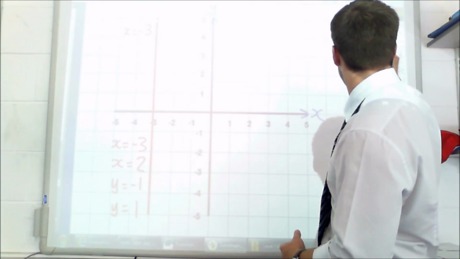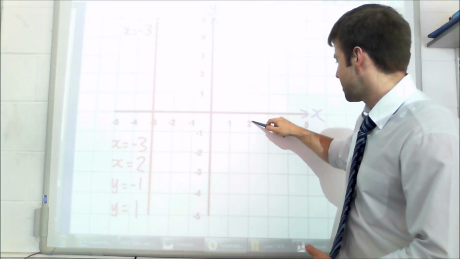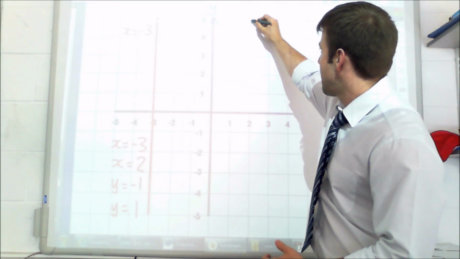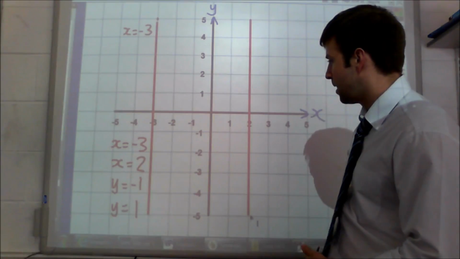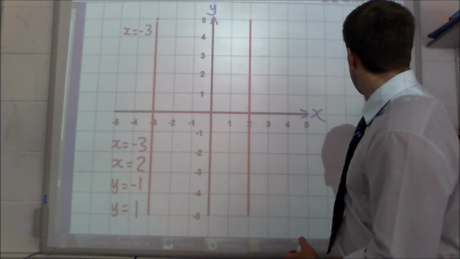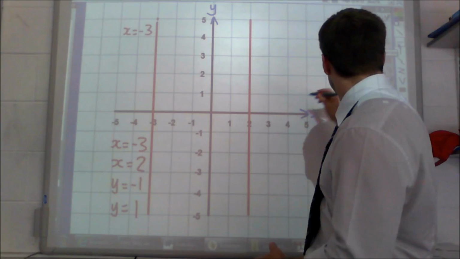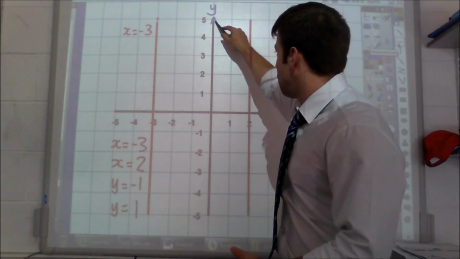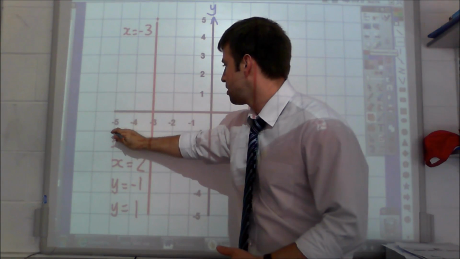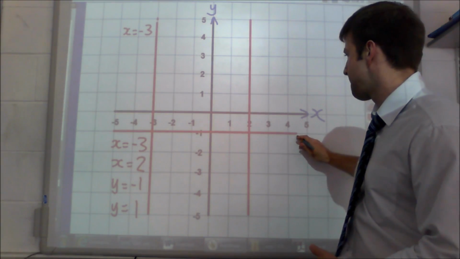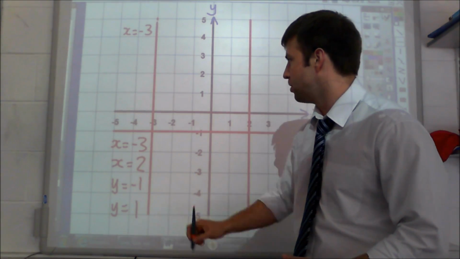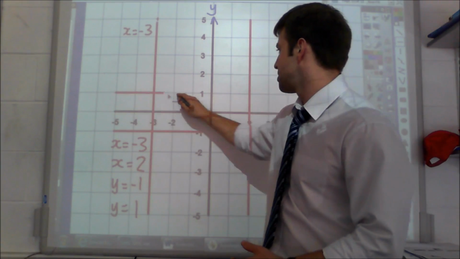Let's draw that in. On our x-axis, there's 2, and straight down there. For the others, y is -1. On our y-axis, -1, straight across there. And y is positive 1, across there.